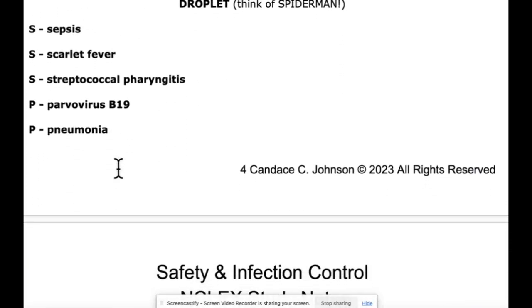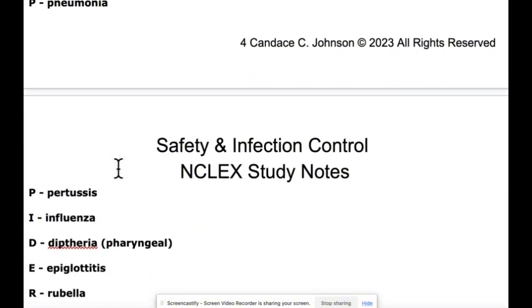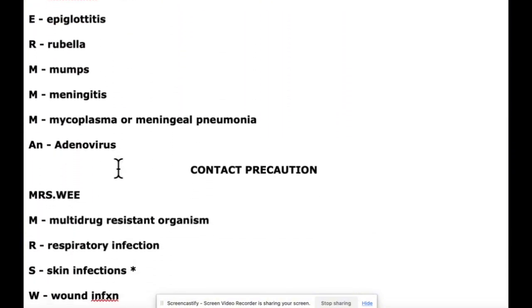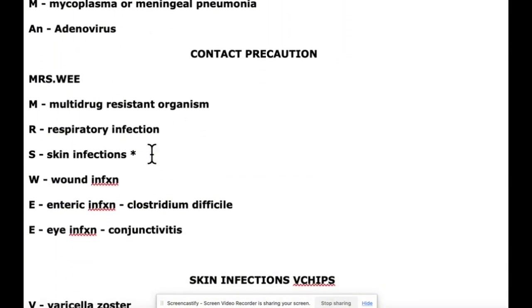We already talked about the Spider-Man droplets mnemonic, right, and all the many ones that are included there. And then finally, let's talk contact precautions, which are fewer than the droplets. All right, Mrs. Wee. M for multi-drug resistant organisms, so that you don't forget draining MRSA wounds, right? Will be contact.